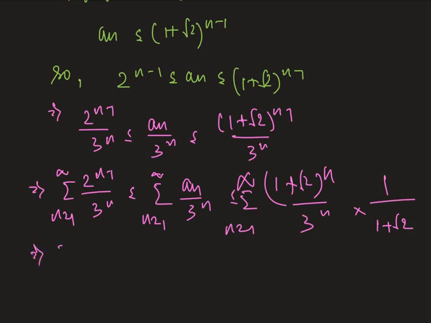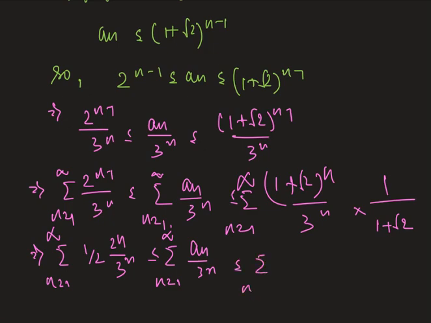This can be written as: the sum of half times 2 to the power n divided by 3 to the power n is less than or equal to the sum of a_n divided by 3 to the power n, which is less than or equal to the sum of 1 plus root 2 whole to the power n divided by 3 to the power n multiplied by 1 over 1 plus root over 2.